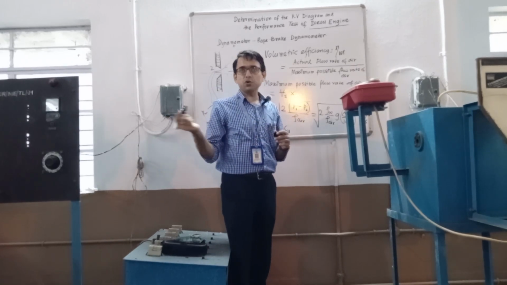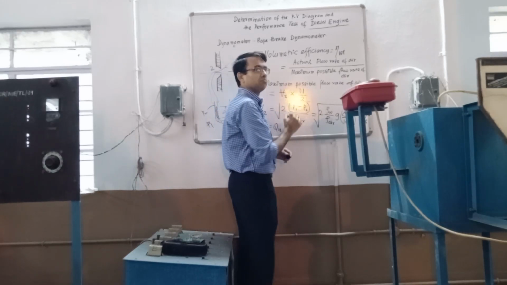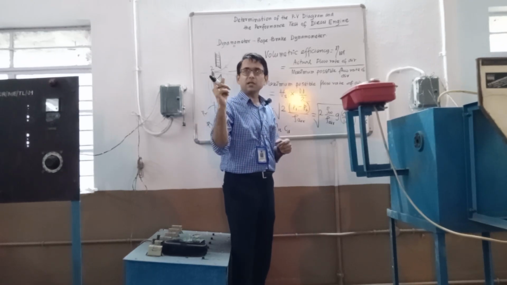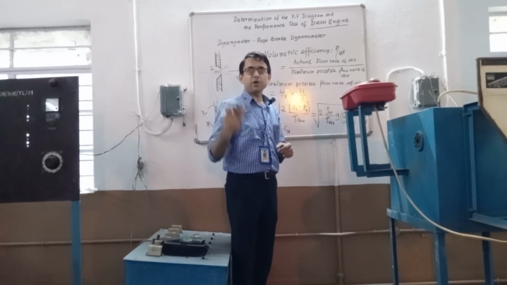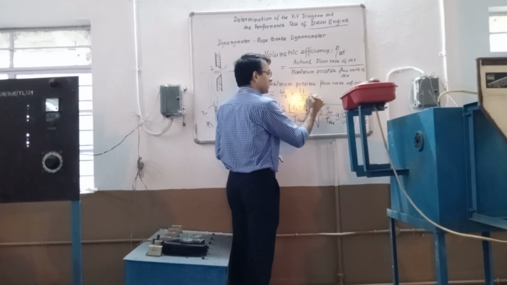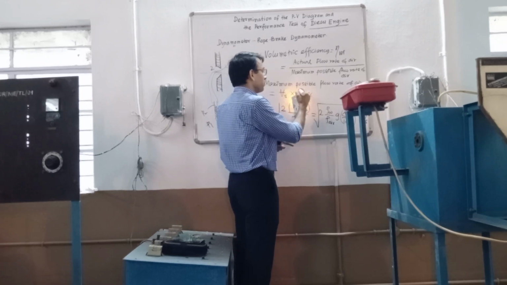For a 4 stroke engine, the number of cycles per minute is N by 2. N is RPM. So 2 rotations mean 1 cycle. So N rotations mean N by 2 cycles per minute. So what is it per second?